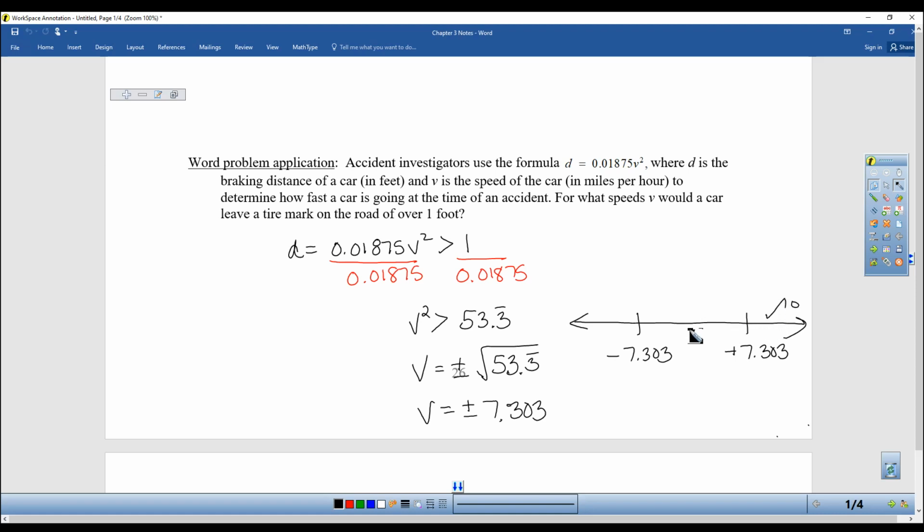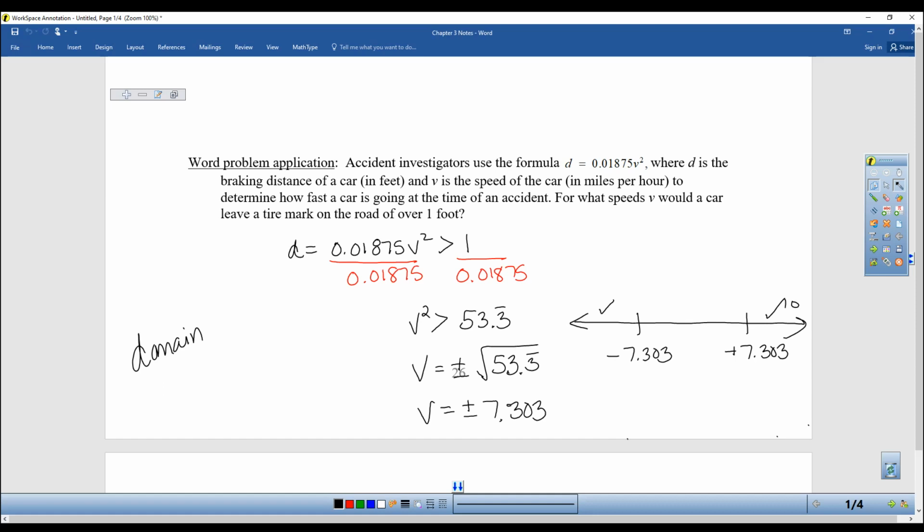If you try a number like 0, obviously this number times 0 squared is not greater than 1. Now, you could technically say that this is also going to produce an answer, but now we're doing a word problem. So it's your job to think about the domain. Domain is all the things x can be, or in this case, all the things that v can be.